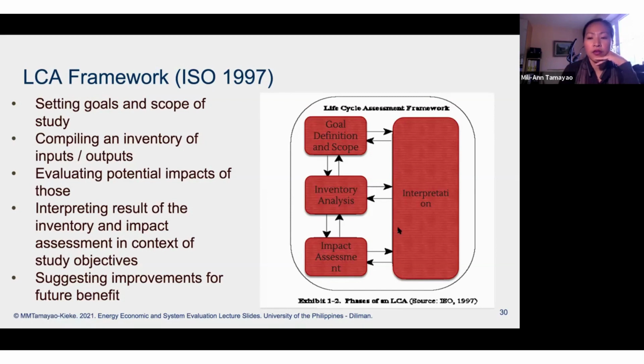So that's why you have to integrate what you see from the inventory analysis, impact analysis, and go back to your goal and scope definition. And of course, suggesting improvements for future benefit. Okay, so that's why if you look at the topics that we have in this class, they pertain to this, and that. Okay.